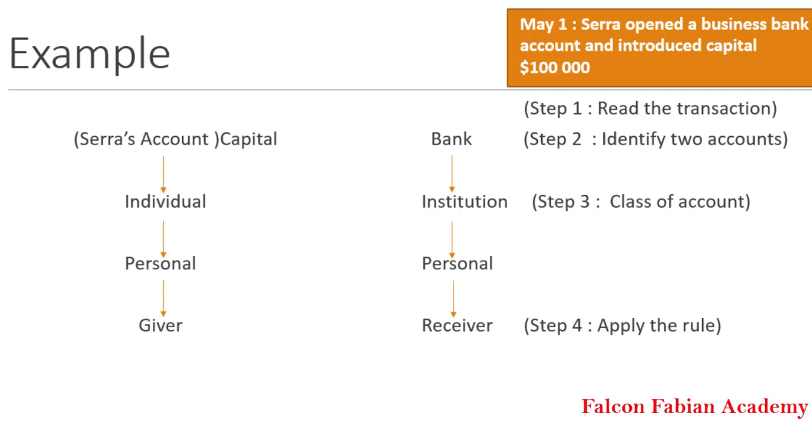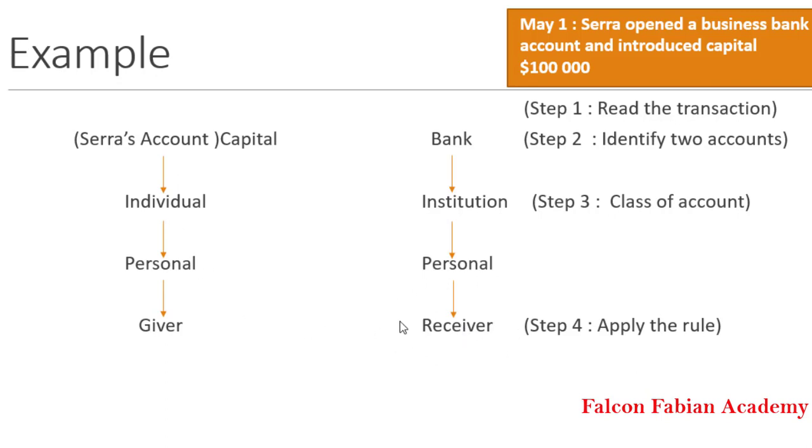Okay. So here let's see. Now this capital is coming in the business. So we will see everything with the point of view as to what is coming in the business or who is giving to the business. So this capital is being given to the business by Sarah. Therefore Sarah is the giver and Sarah is giving this money to whom?